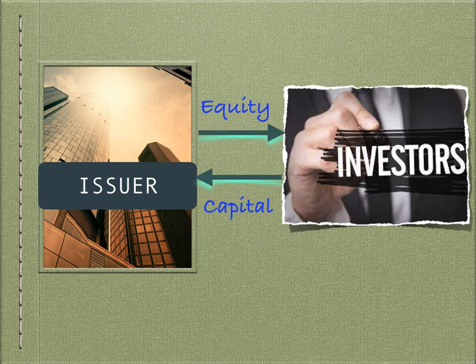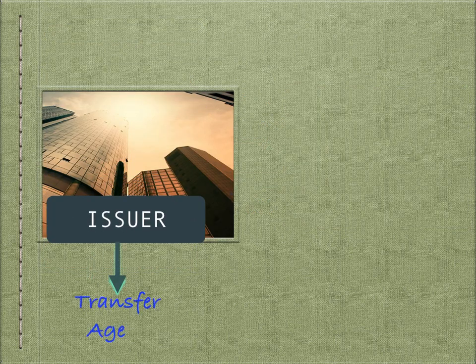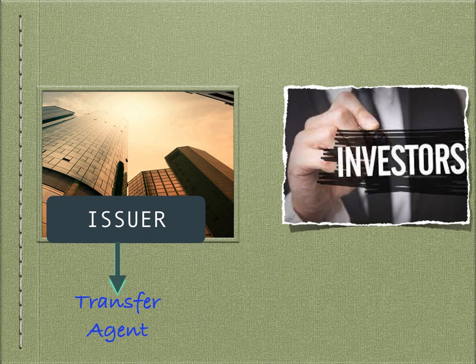This equity is dematerialized by the depository, and therefore it comes into the investor accounts in a dematerialized or an electronic form. Let's say the issuer therefore appoints a transfer agent to keep a list of all the updated records of all the investors.